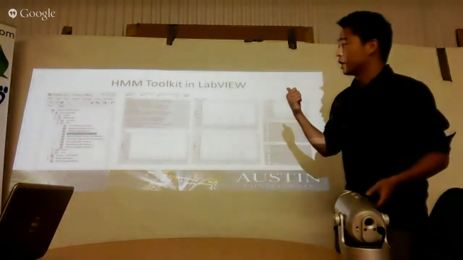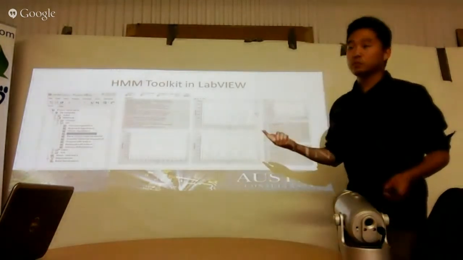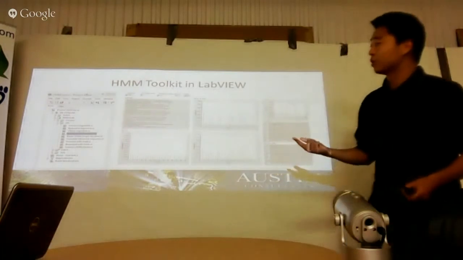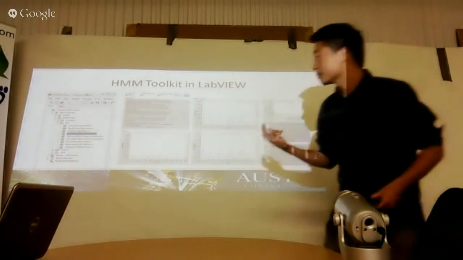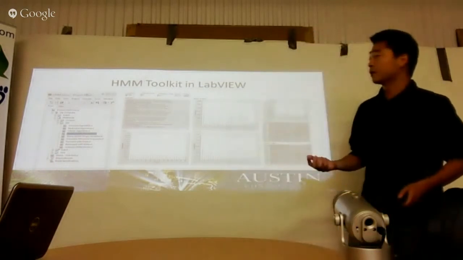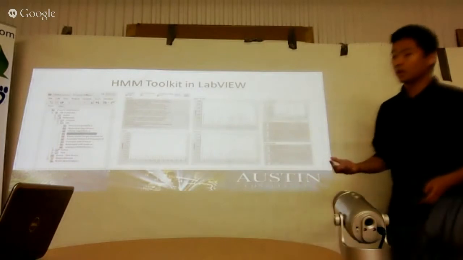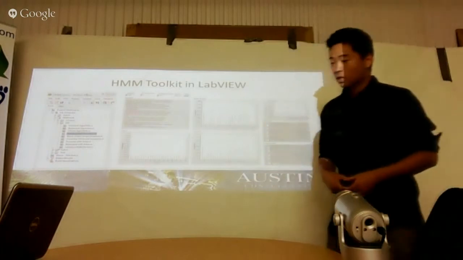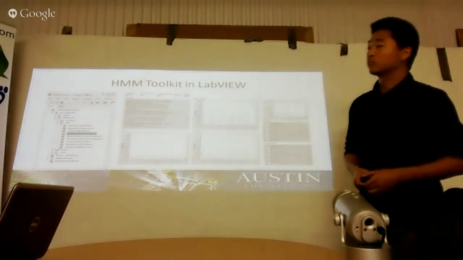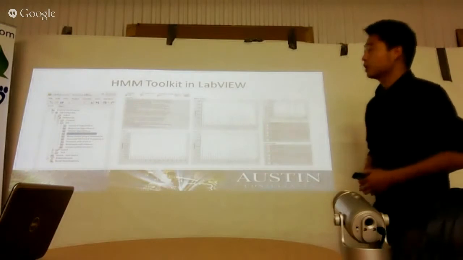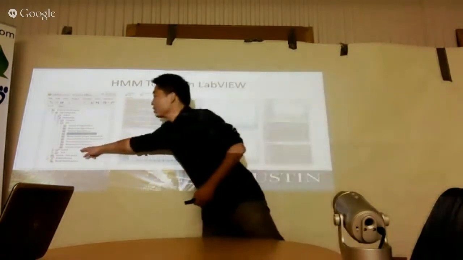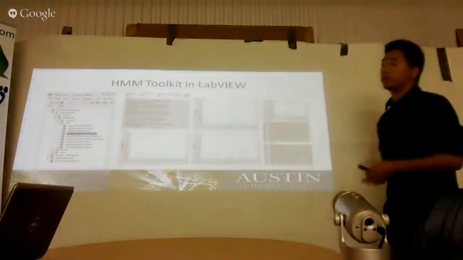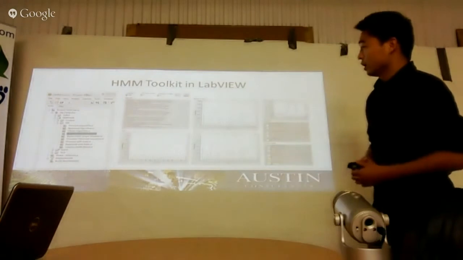There are the forward and backward algorithms to solve the evaluation problem, the Viterbi algorithm to solve the decoding problem, and the Baum-Welch algorithm to solve the learning problem. There are also sub-VIs, so all the details are wrapped in the sub-VIs. They're not exposed, but if you are interested, you can look into them.